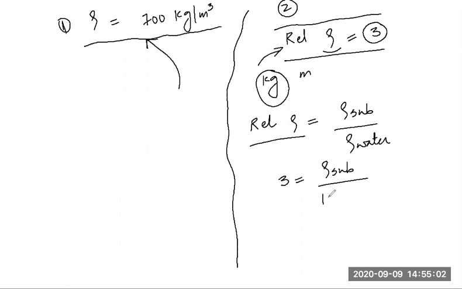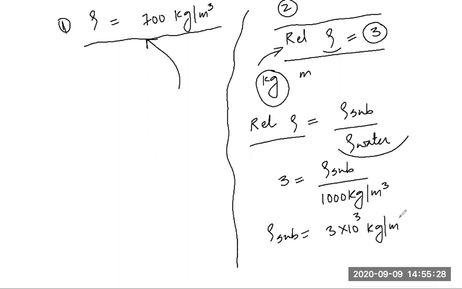Anybody remembers? It is 1000 kilogram per meter cube. So from this we get the density of this substance is equal to 3 into 10 raised to power 3 kilogram per meter cube.